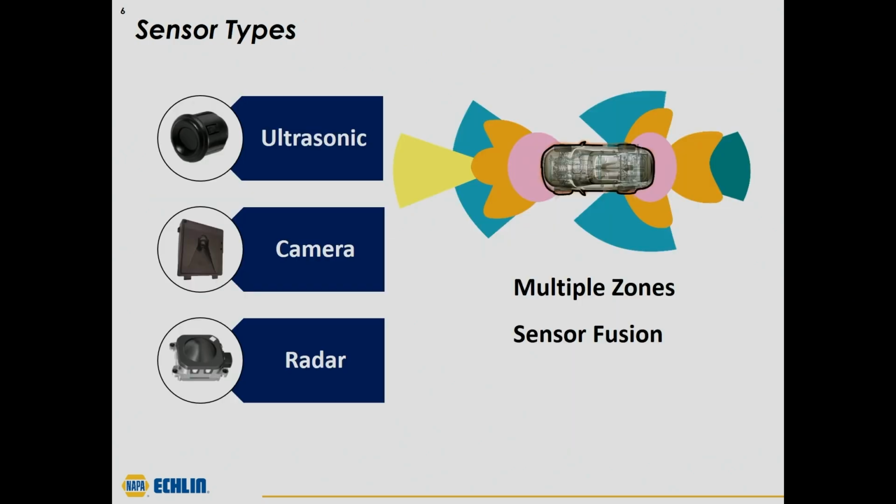With this idea of ADAS, one thing that we're really trying to accomplish is what we call sensor fusion, and cover multiple zones around the vehicle to create a safe operating zone for the vehicle to live in. We're going to do this by utilizing sensors such as ultrasonic sensors. These would be our park assist sensors, which are located in the bumpers of the vehicle, front and rear.